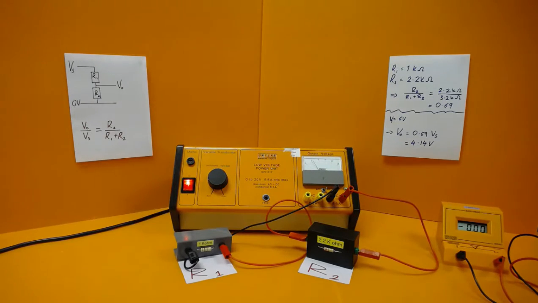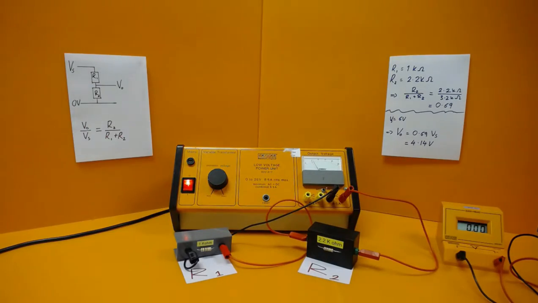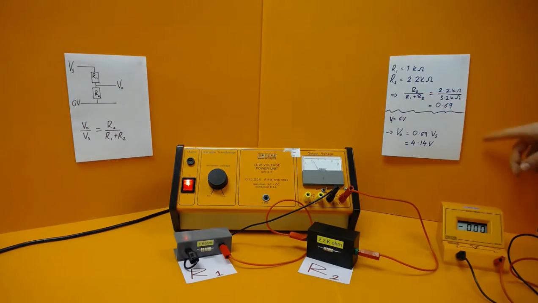First of all, we have a supply voltage of 6 volts with R1 equal to 1 kiloohm and R2 equal to 2.2 kiloohms. So if we calculate R2 over R1 plus R2, it's 2.2 kiloohms over 3.2 kiloohms, and it gives us 0.69.